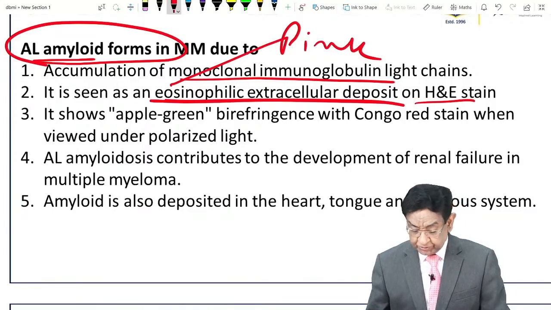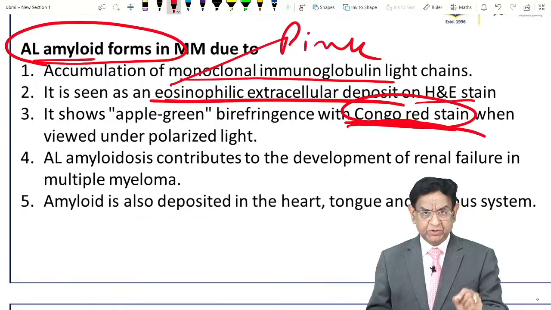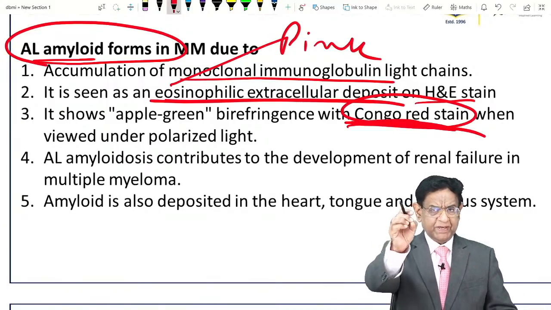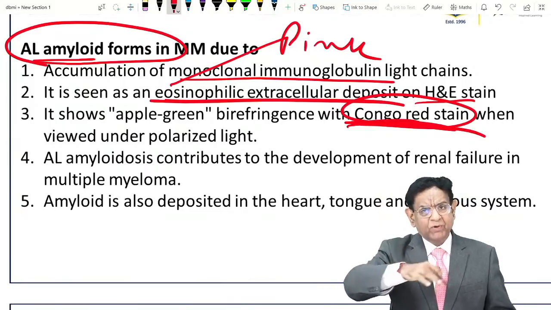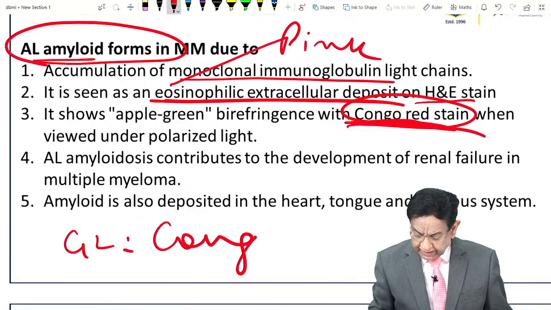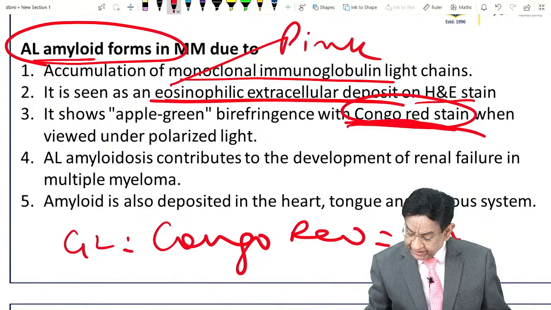What we use, I'm going to discuss now. If you use Congo red, this is the universal question, universal throughout the world, whichever exam you appear, Congo red. And one more golden line to remember: Congo red stain is amyloid, very simple.